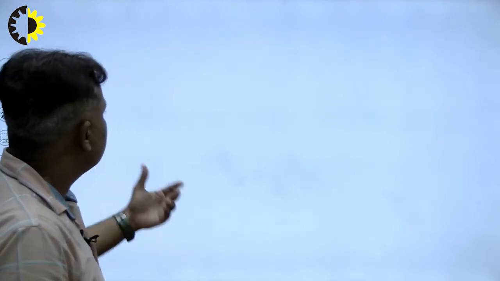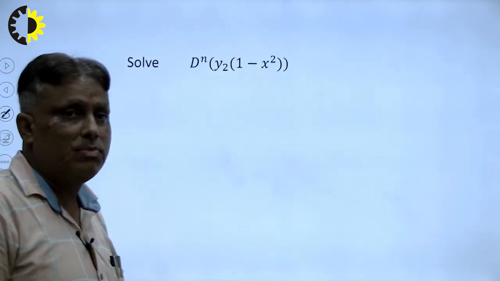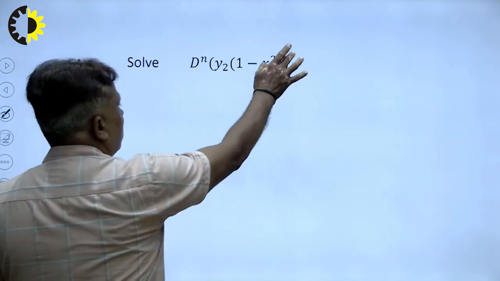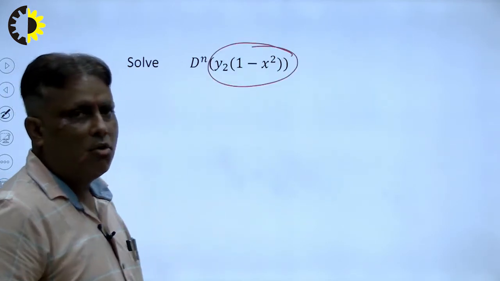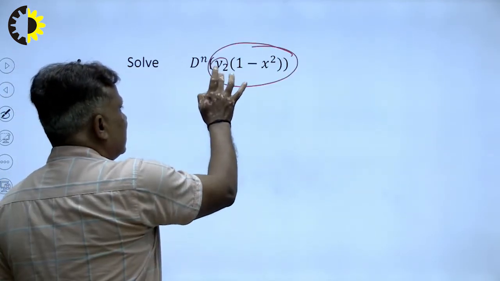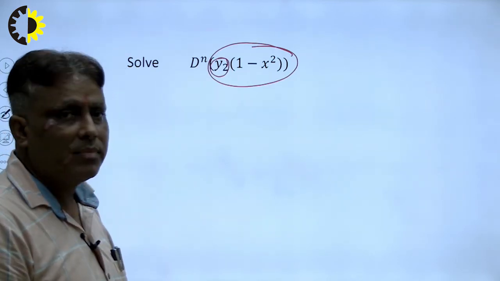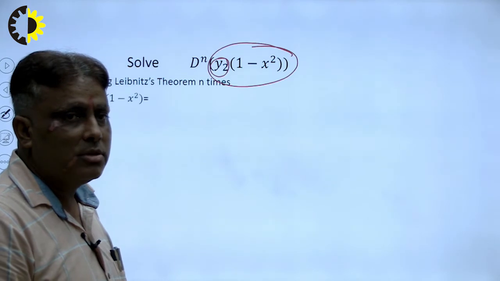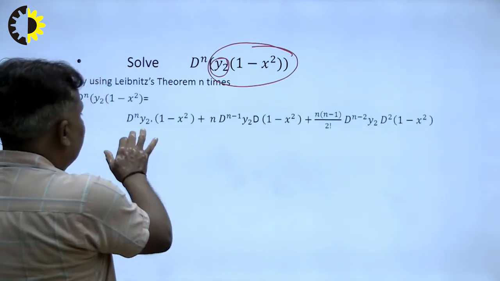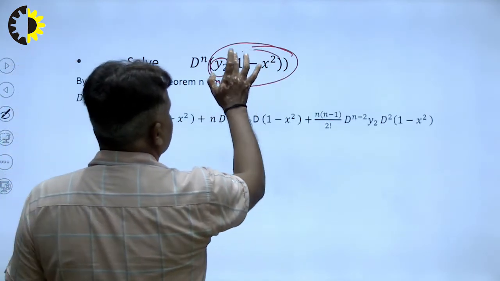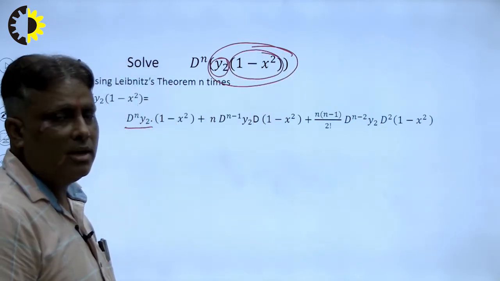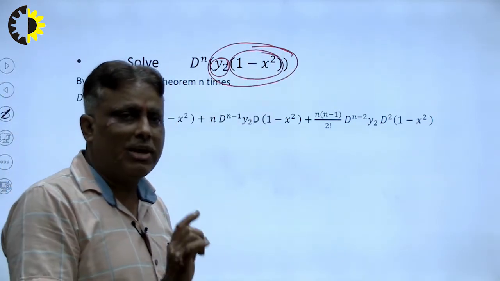So suppose I consider another problem. This is a very important problem, the nth derivative of these terms. So how to solve? What is the meaning of y2? y2 means the second derivative of y. y is a function of x. So how to apply here, right? The Leibniz theorem n times. So I apply here d^n of y2, because 1 minus x^2 will be v here, and 1 minus x^2 one time as it is.